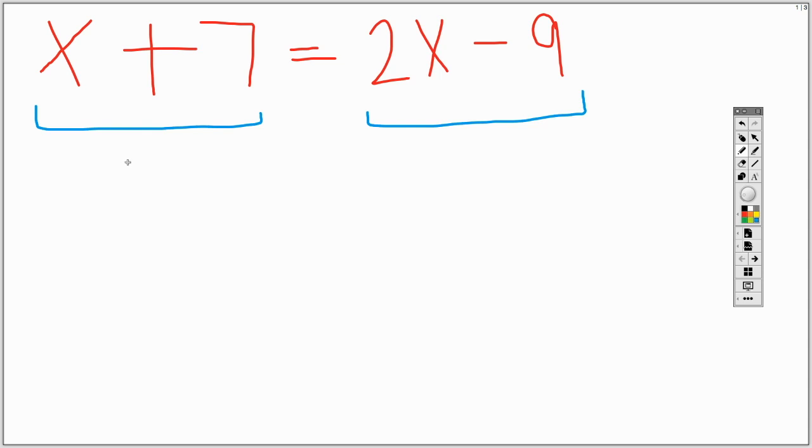We see some random numbers, some random letters, but hey, we can differentiate between letters and numbers, right? So x is a letter, so x right here and 2x. Right now, we're just going to be focusing on this. Just cover up 7 or cover up minus 9. We don't really care about that right now. Just see about x and 2x.